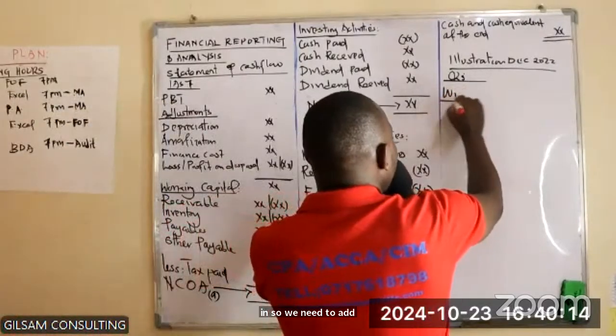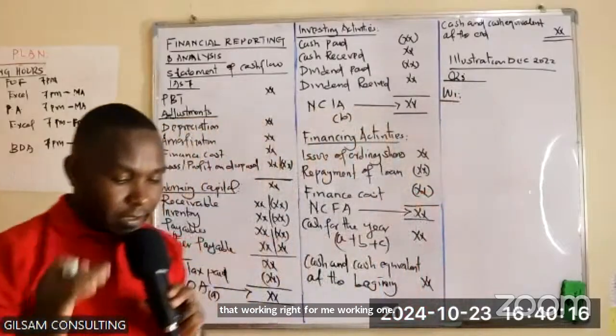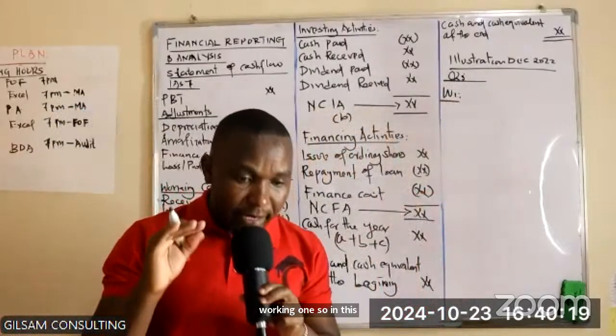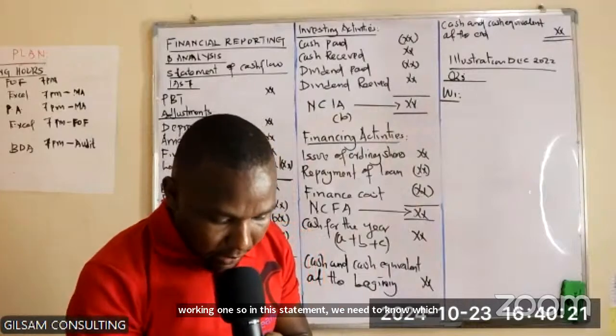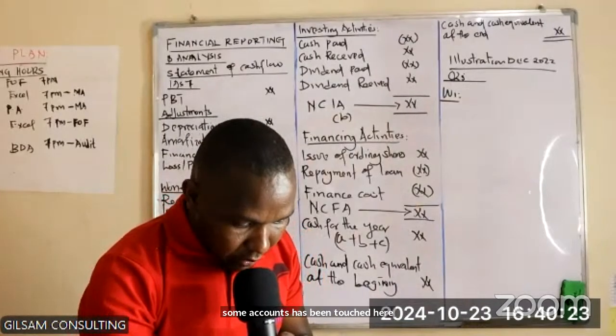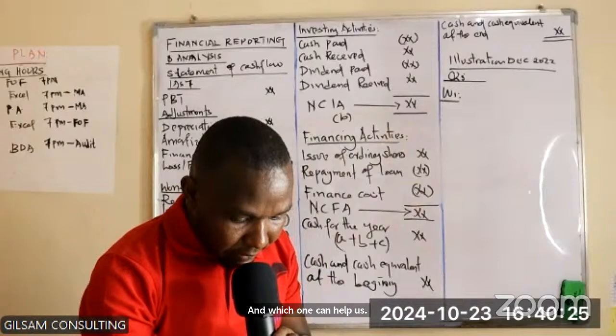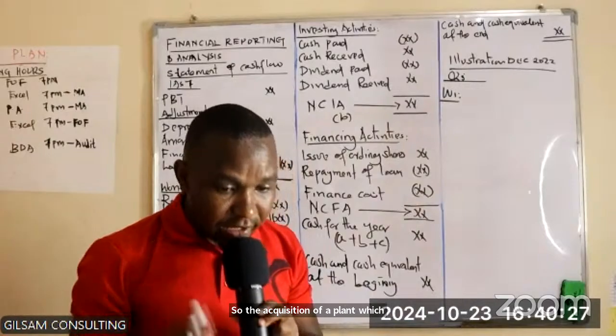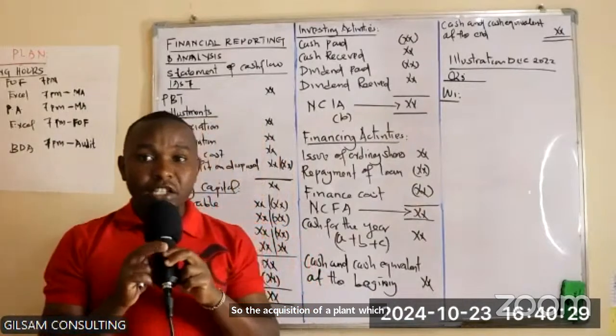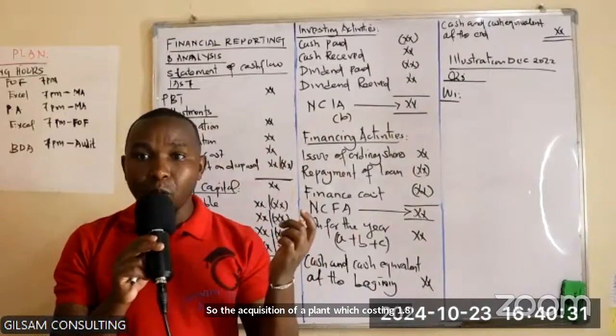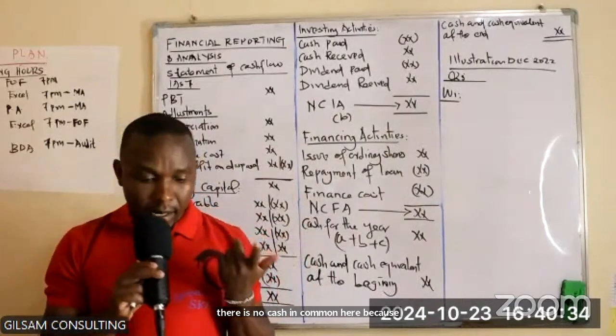So we need to have that working, working one. In this statement, we need to know which account has been touched here and which one can help us. There is acquisition of a plant costing 1.8. There is no cash involvement here because they acquired it through a finance arrangement.